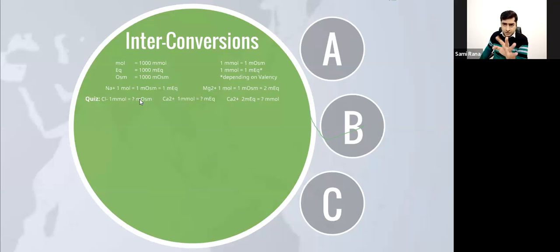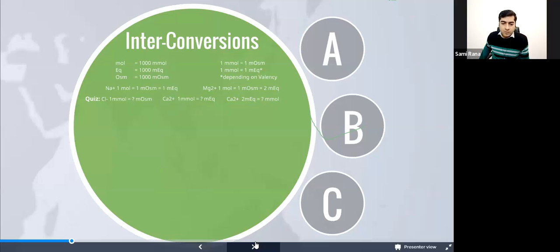This is a constant relationship between the two regardless of the valency. Then with calcium, 1 millimole equals how much MEQ? 2 MEQ because the valency is 2. Or if we go back, in the next question, 2 MEQ equals how many millimoles? The answer is 1, because the valency is 2. So 2 MEQ is going to give us 1 millimole. Mole is not disturbed by the valency.